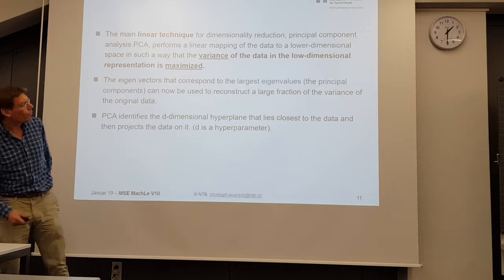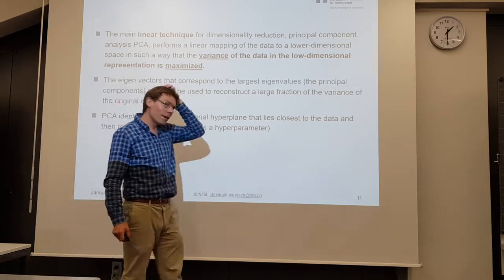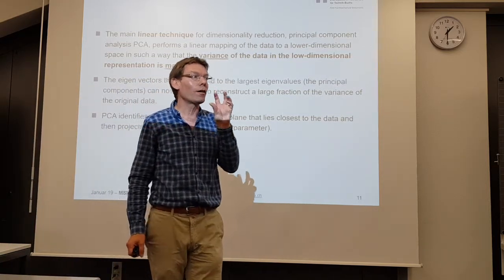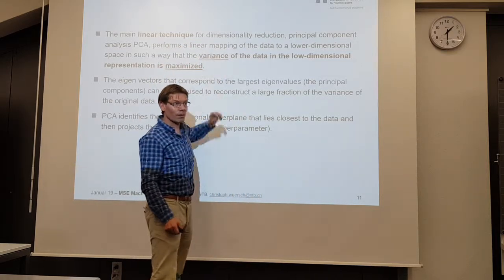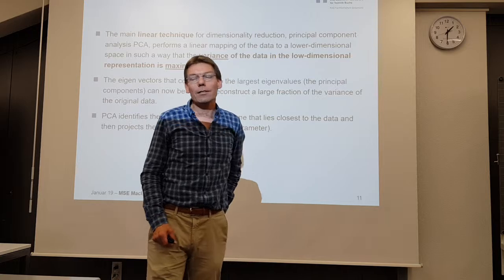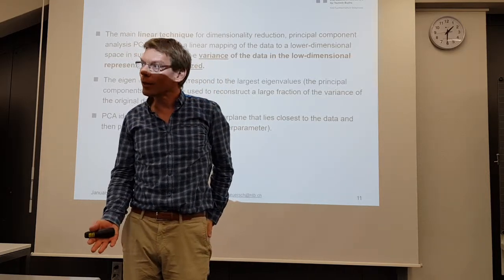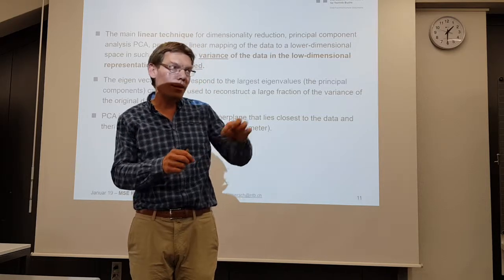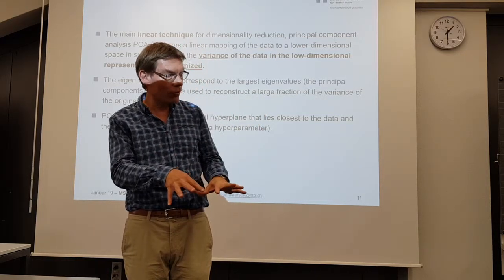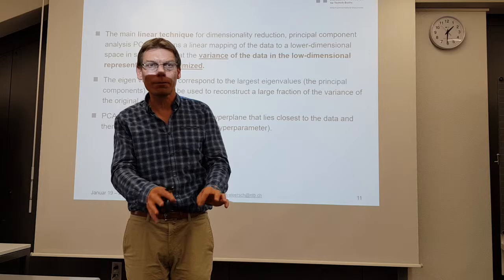What we try to do is find a lower dimensional representation of our data by keeping the variance as big as possible. I can also turn it the other way around: I want a representation of my data vector in a lower dimensional subspace that is as good as possible.